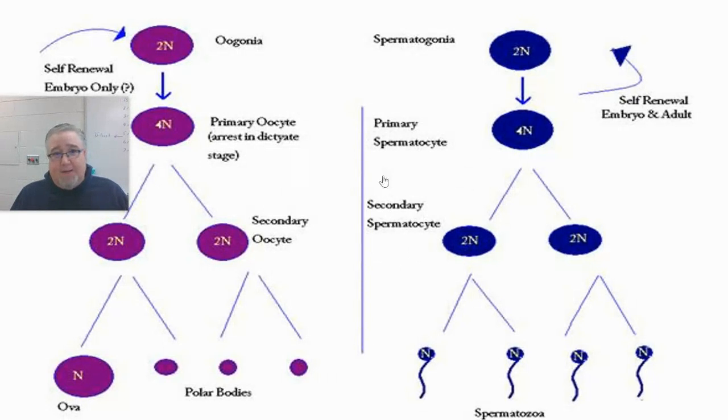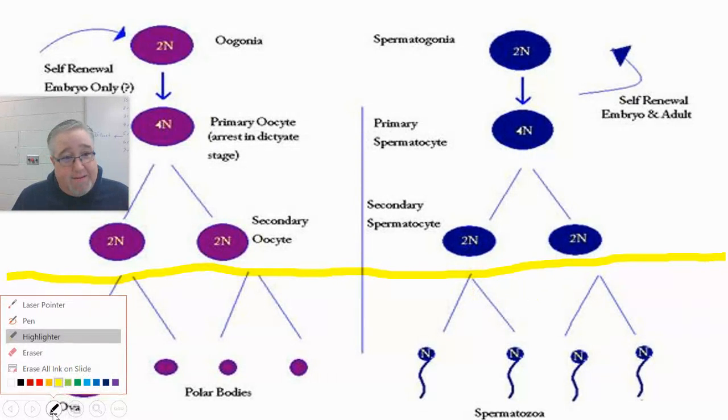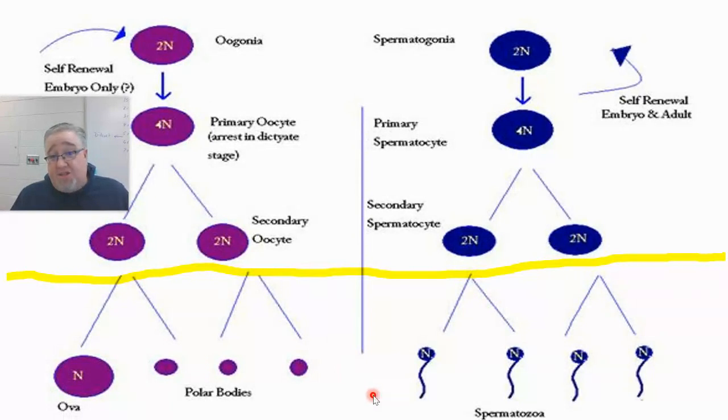So notice the similarities between males and females. Up to this point, if I just put a line here, everything above the line is pretty much the same in males and females, other than we have some different vocabulary. But now look at what happens below the line.